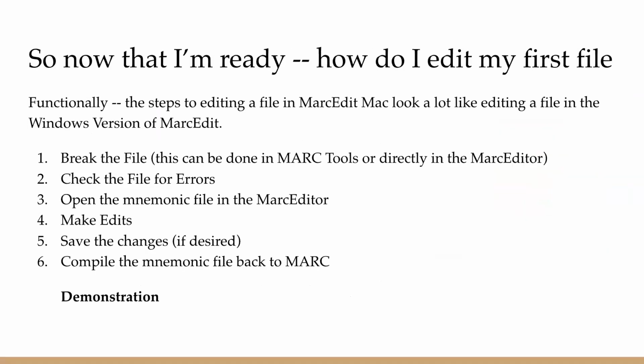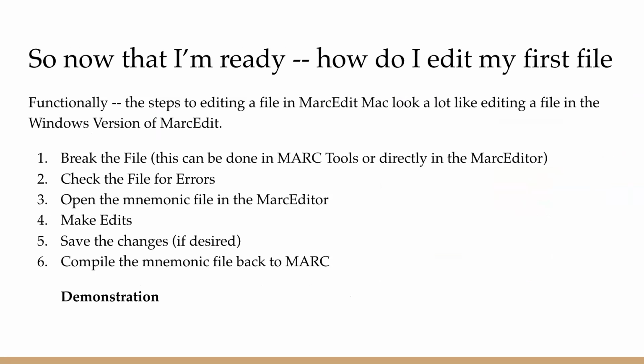All right, so you've got MarcEdit installed on a Mac. You've got yourself a set of files. You'd like to now go through the process of actually using it. The process looks and feels a lot like the way it works on a Windows system. Just some of the icons look a little bit different. Some of the controls look a little bit different.